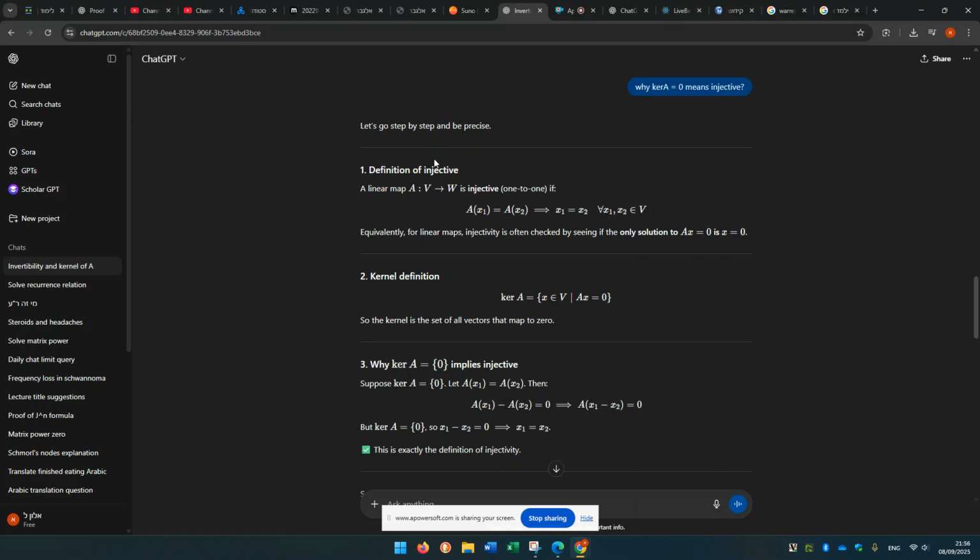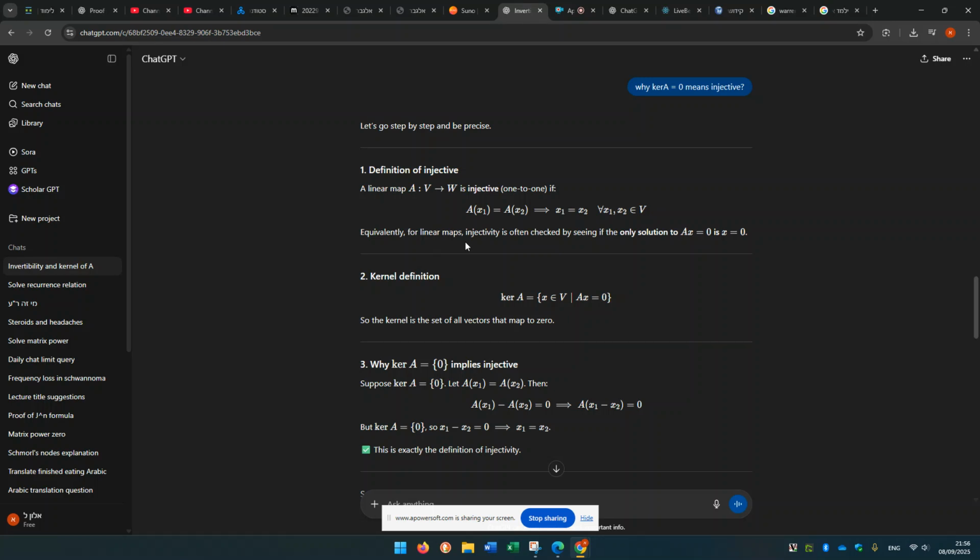Let's see why. Let's start with the definition. Here we have a linear map A from V to W, and let's call it again just a matrix. How do we define injective, one-to-one? If I take two vectors and apply the matrix, AX1, AX2, and we conclude for every two vectors x1 and x2 from the vector space we are going from that if the images of each of them are equal, it means that x1 equals x2, then the map is injective.